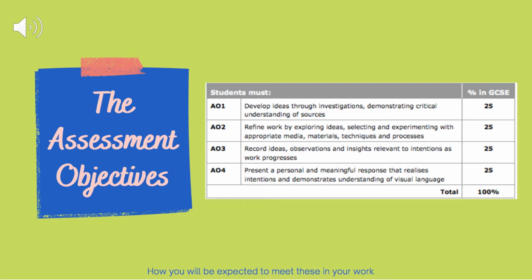I will go in more detail about what these include and what this could look like in your work. However, all 3 projects, your 2 coursework projects and your externally set assignment, will be marked in these 4 areas, which as you can see amount to 100% of your total marks, but split into 25% per assessment objective.